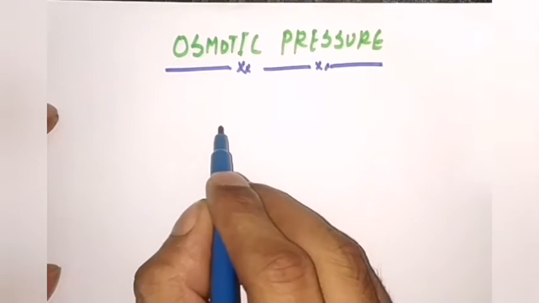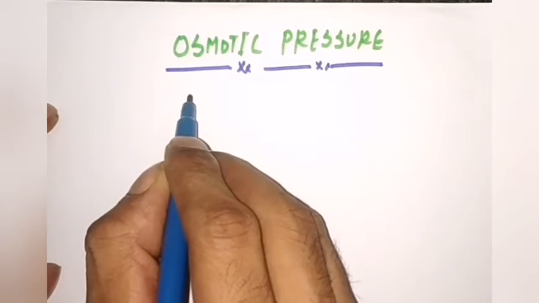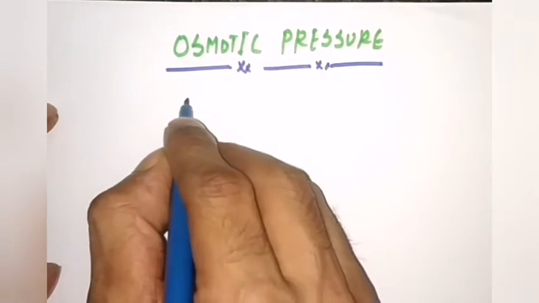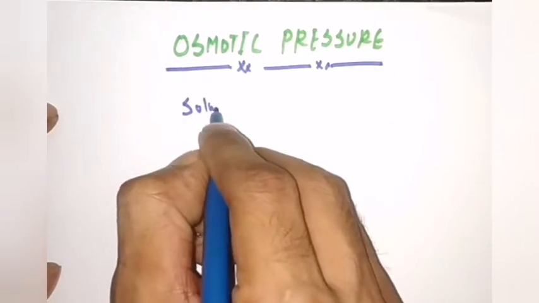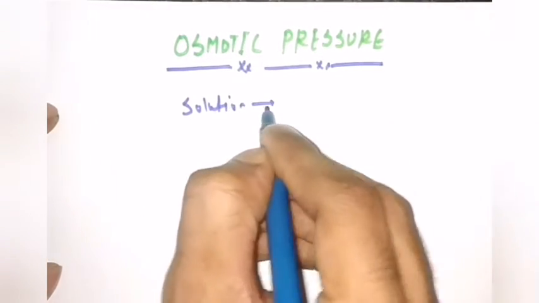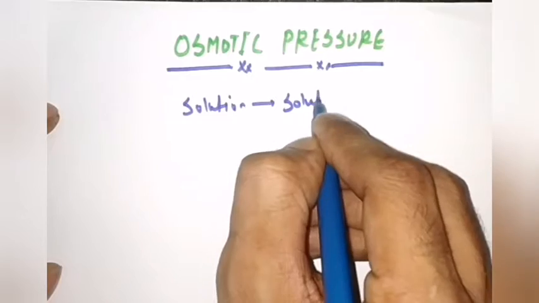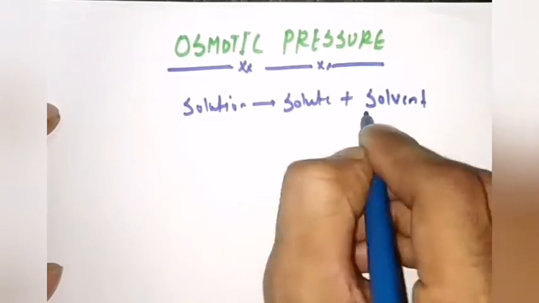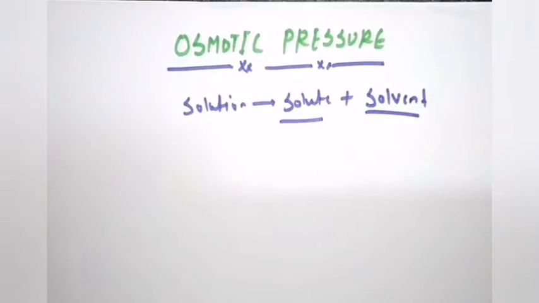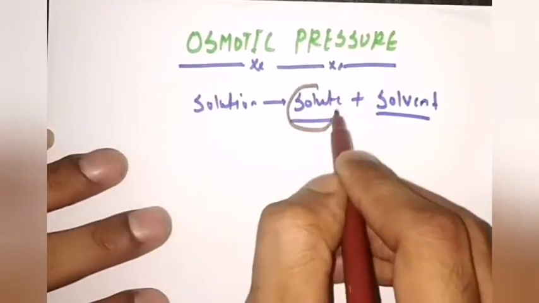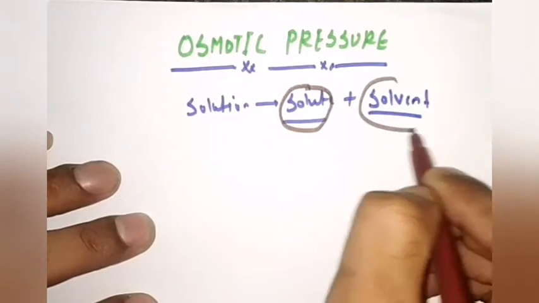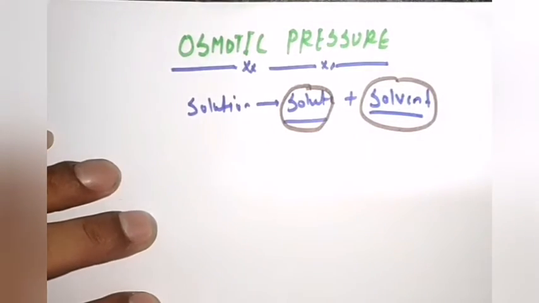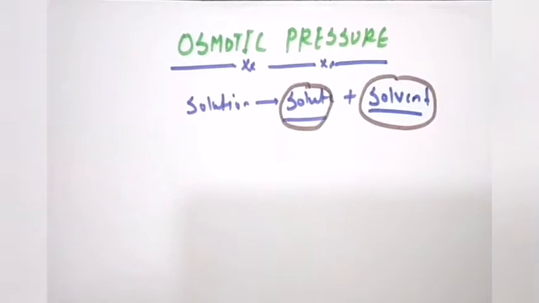I have discussed earlier that if you are going to prepare a solution, then the solution will be made of solute plus a second component, which will be the solvent, for a binary solution. Now in a binary solution, I am going to define solute and solvent according to particle size.